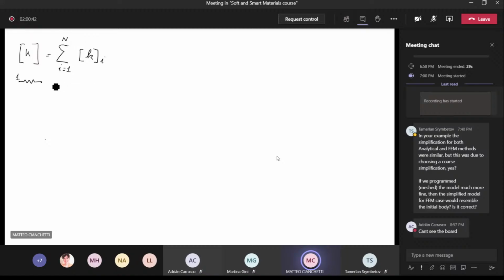So let's see in detail what it means. So this is, for example, the first element with K1.